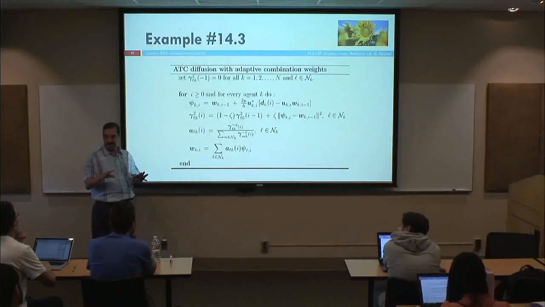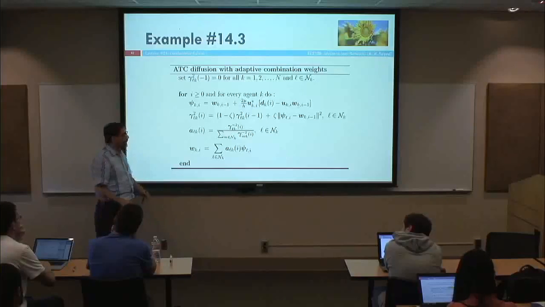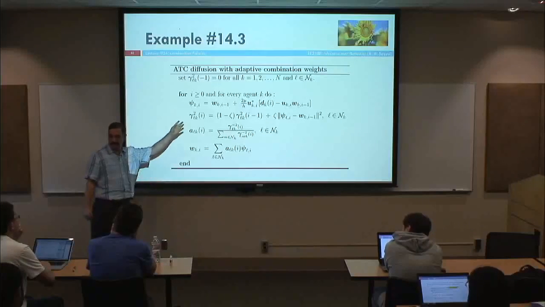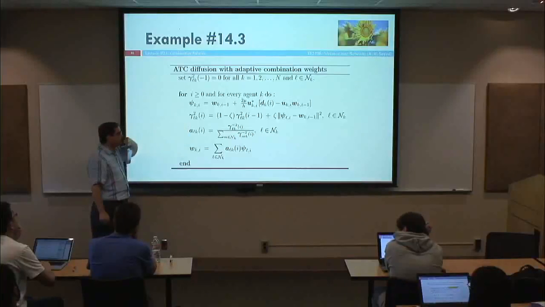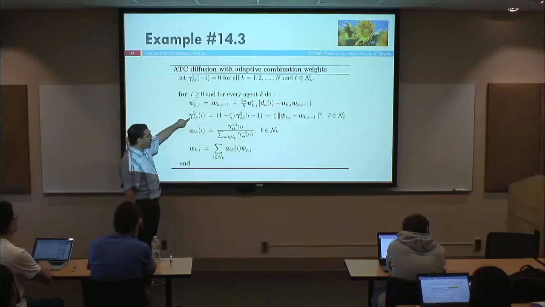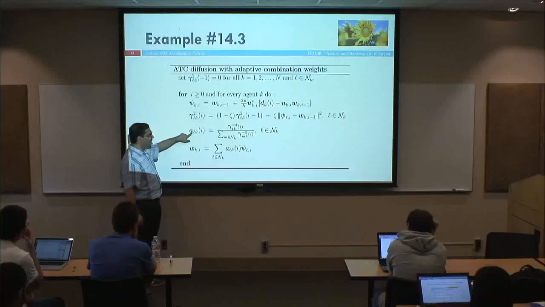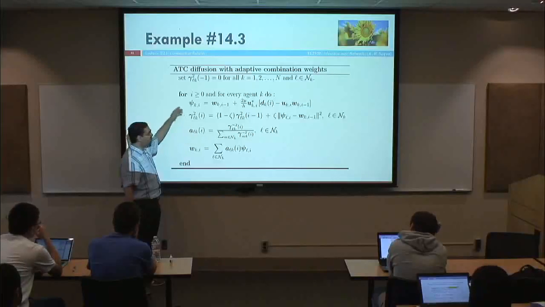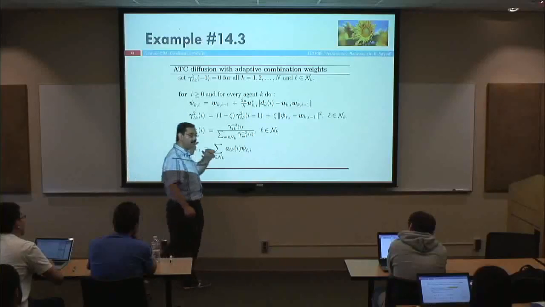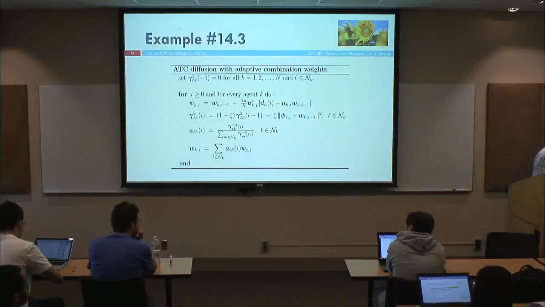I have different agents receiving data from neighbors. All of them have the same model in this example, okay? And each agent K is estimating the gamma of its neighbor, right? And using that to adapt the A, correct? So this is an adaptive implementation, including adaptation of the combination policy, okay?